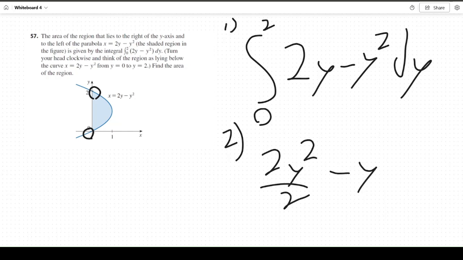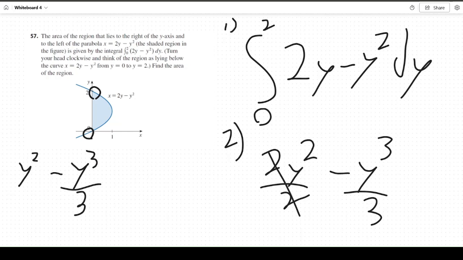So 2y squared over 2 minus y cubed over 3. The 2 cancels out and we are left with y squared minus y cubed over 3. Then we have to plug in those y values.